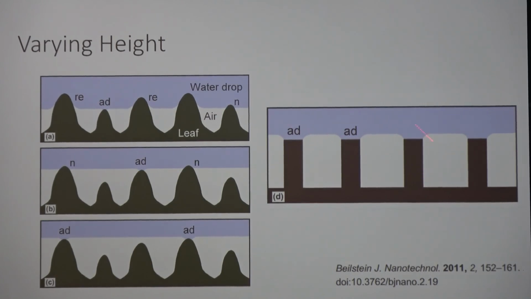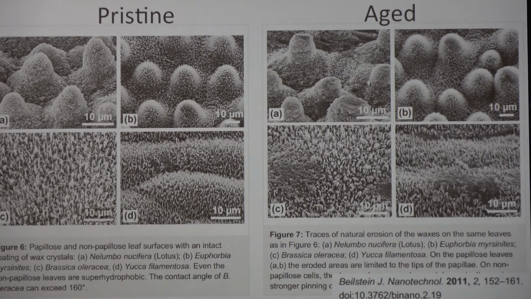And this makes sense because if it was all the exact same height, there would be more points of contact. And then this was a fun experiment where these people took, I think, four different kinds of exotic plants, and they just watched them age over time and then did SEM before and after. It makes sense that if you have less exposed to the environment, you're going to have less damage over time.